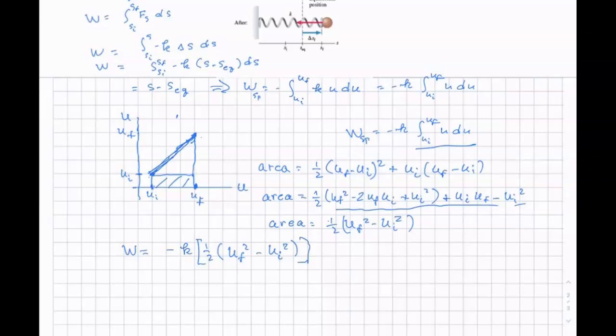And I can rewrite this as minus 1/2 K U_final squared minus 1/2 K U_initial squared.